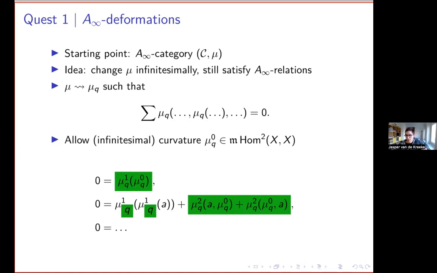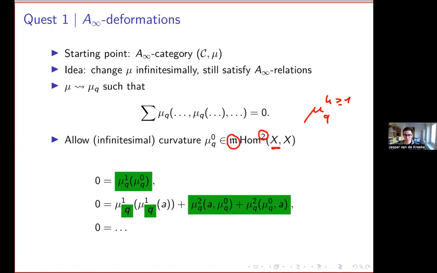So this means that you should not only allow products mu k for k greater or equal to 1, but we should also now start allowing mu 0, a so-called curvature, which is supposed to lie in the infinitesimal two-graded part of the endomorphism space of every object x in your category. So for every x, you are allowed to choose some infinitesimal curvature.